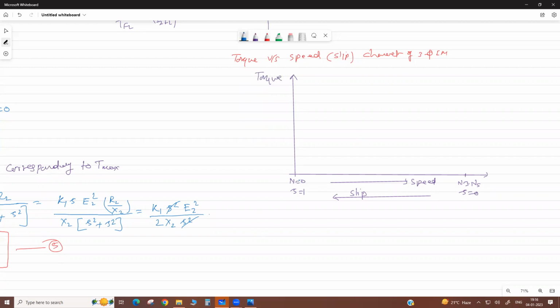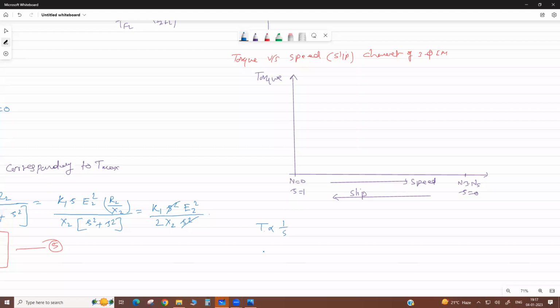My dear, at starting when speed is 0, in the torque equation, your torque is inversely proportional to slip.